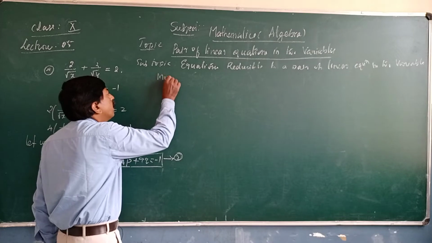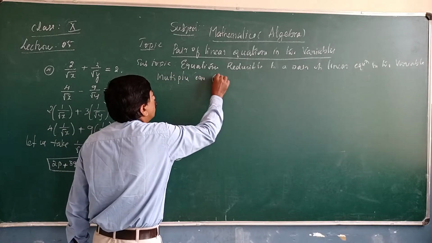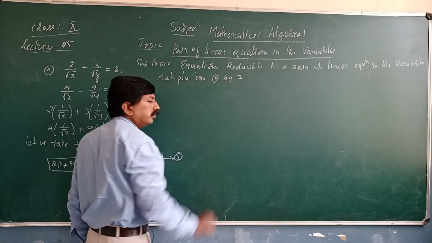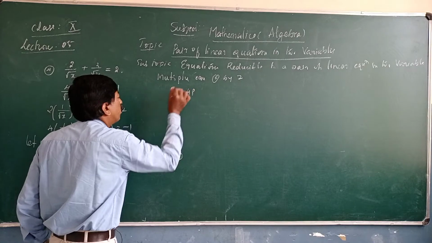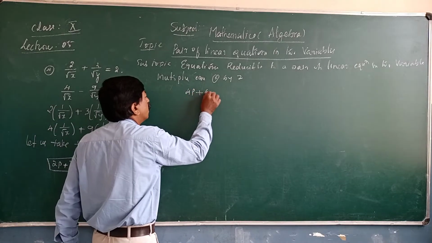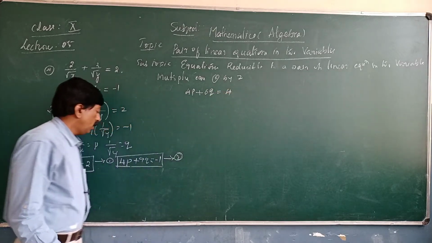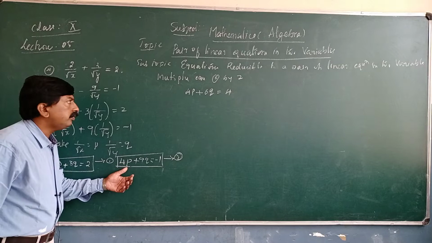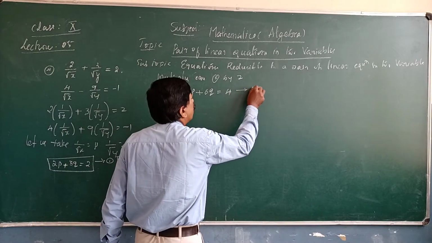Therefore multiply equation 1 by 2. Now 2 2s are 4p plus 2 3s are 6q is equal to 2 2s are 4. This is called equation 3.